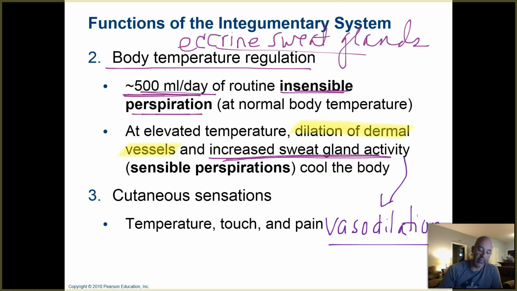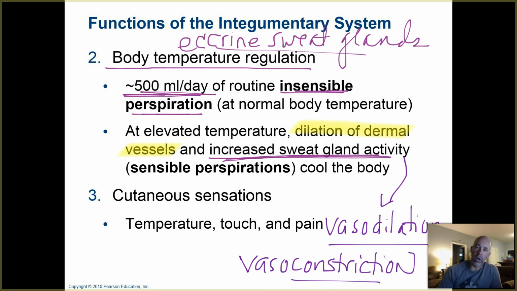All right, now the reverse of that is called vasoconstriction. If you get really cold and your body needs to heat itself up, those blood vessels are going to constrict. You're going to have less blood flow to the surface. That's going to keep your blood down deeper inside your body where it can stay warm, and that helps preserve warm blood and warmer temperatures for your deeper, more major organs, which are more critical than your skin for survival.